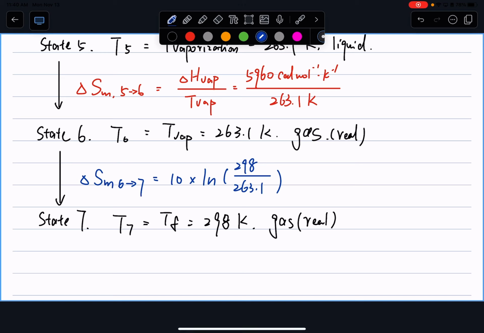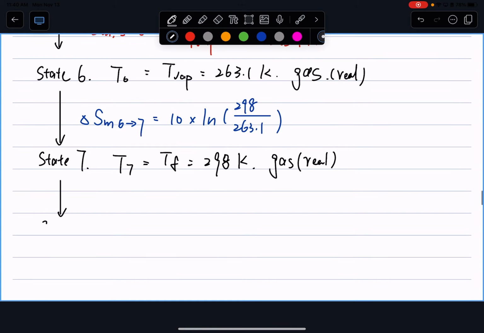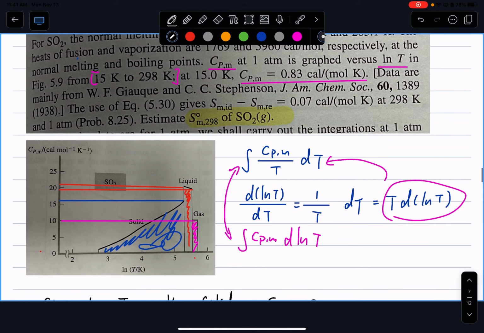Okay, and now we have real gases, and then we have to talk about the ideal gases. Between your state 7 to state 8, we're just transferring your gas from real gas into ideal gas. So T7 equals T final, and we want my gas to be ideal. So this one is just using the number that's provided.